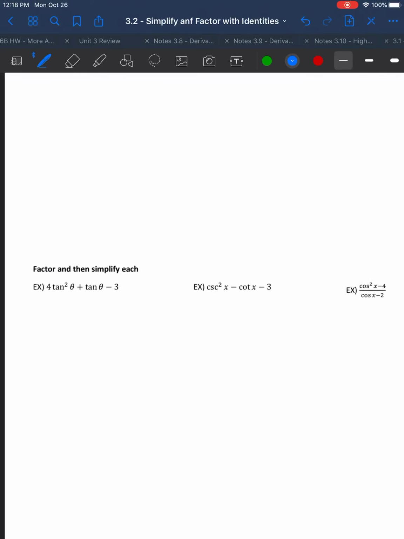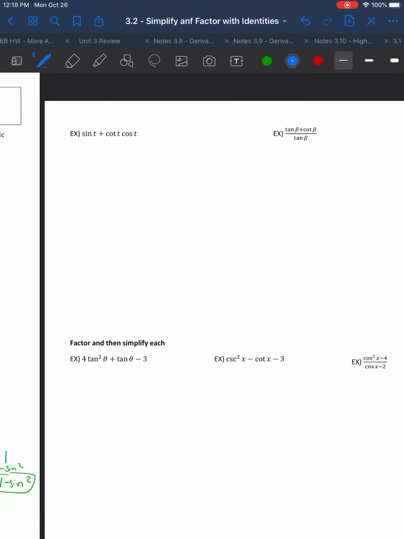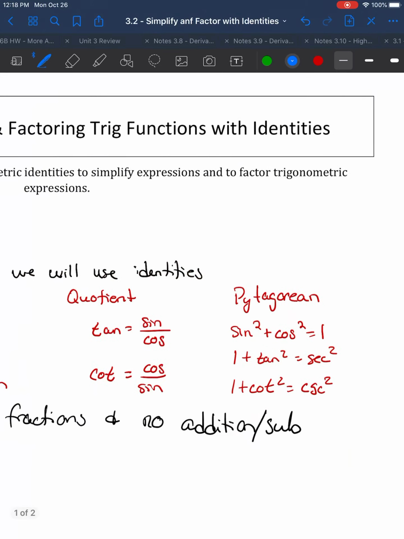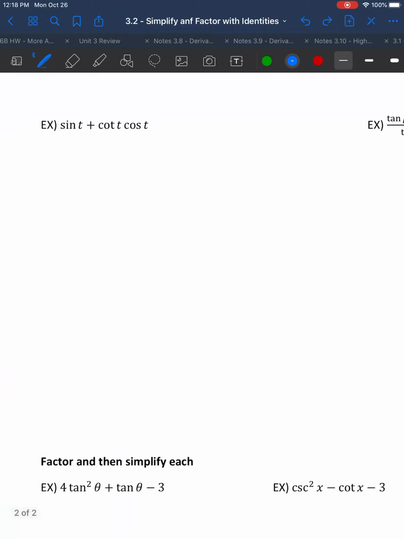Let's try some more. And again, this is very futile because I can't interact with you all. Sine t plus cotangent t times cosine t. Well, there's nothing squared, so that tells me my Pythagoreans aren't going to work. What about cotangent?